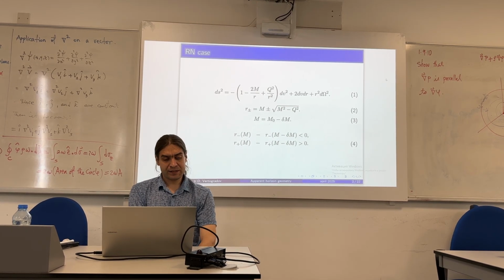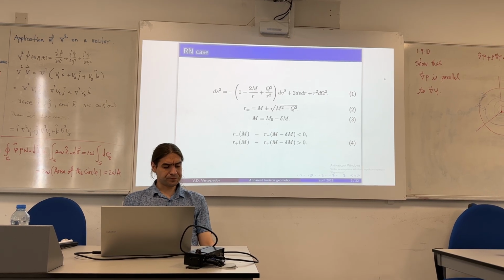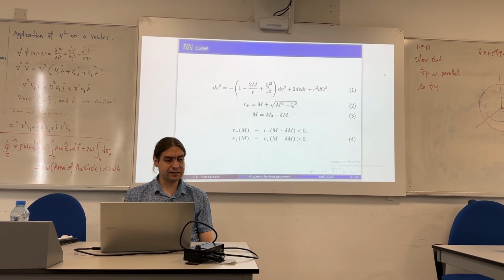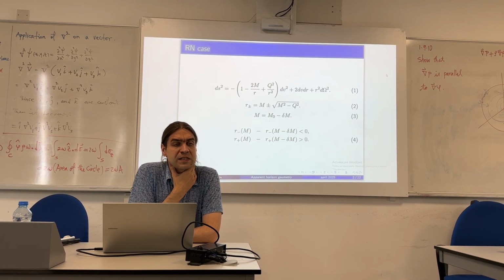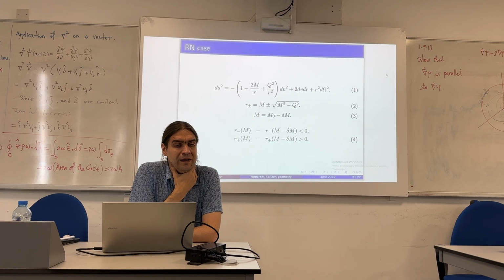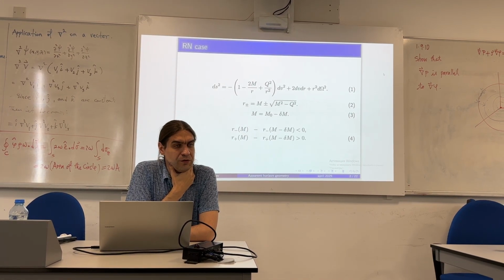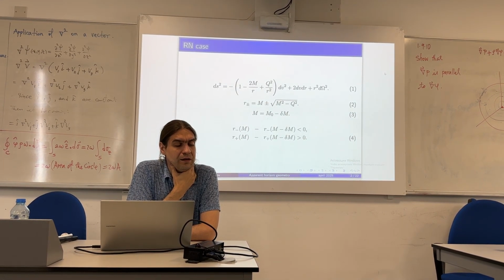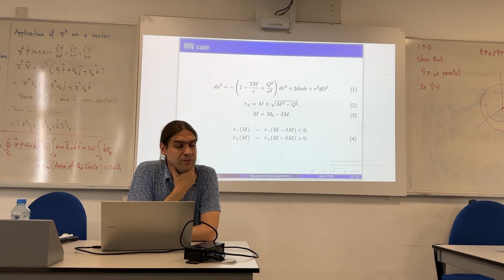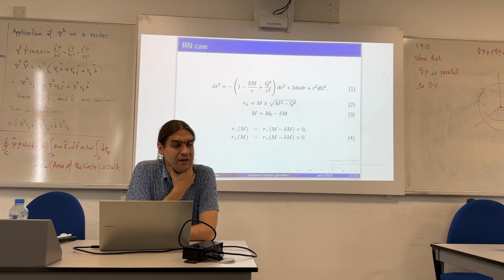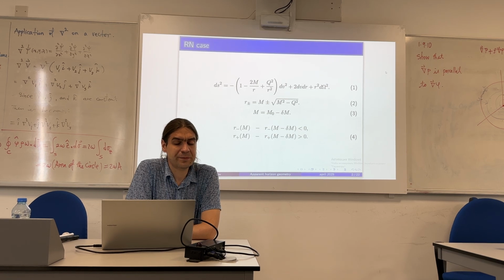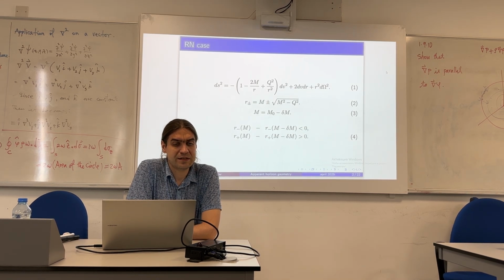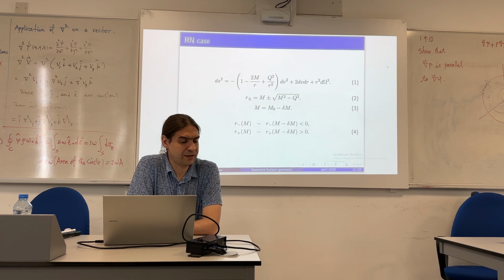However, let's consider the simplest case, Reissner-Nordström. Of course, it's not really a good black hole solution from a real astrophysical point of view, because we expect all black holes to be neutral ones. But anyway, it's helpful because it has, first of all, a simple form, and we can easily express its horizon locations.